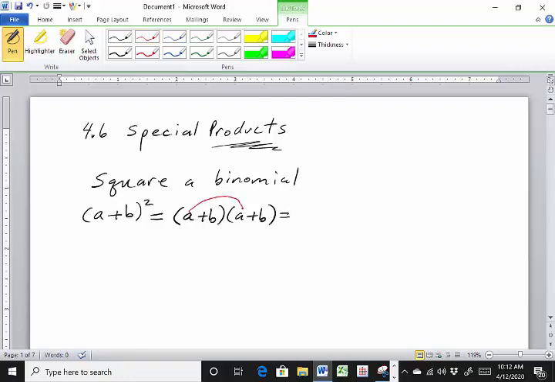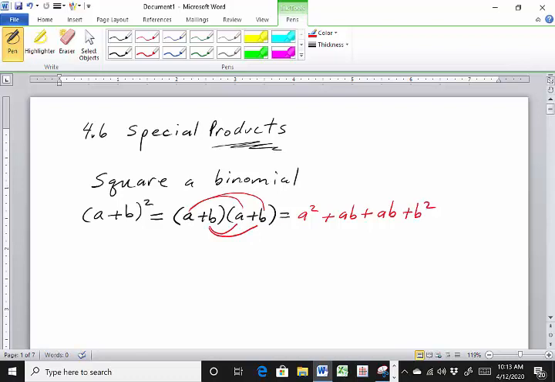So let's do that. A times a, and that's going to be a squared, right? And then we have a times b, which is going to be ab. And then we have b times a. So we can write that as ba or ab. It makes no difference, right? The order doesn't matter. And then b times b is b squared.